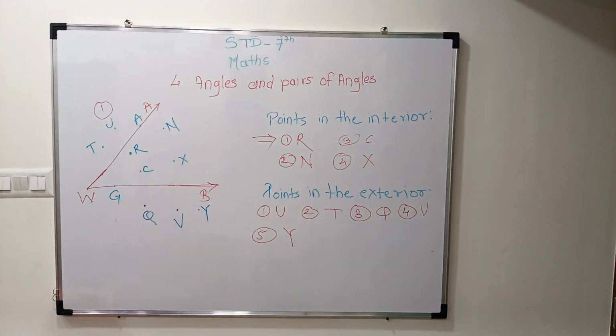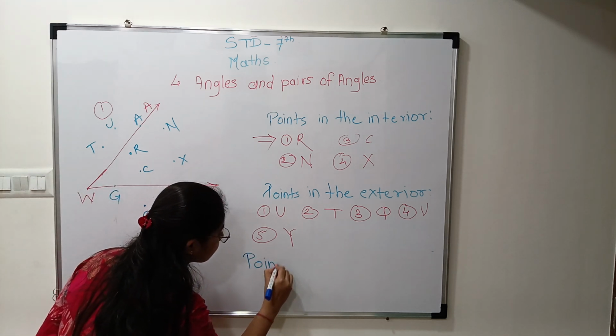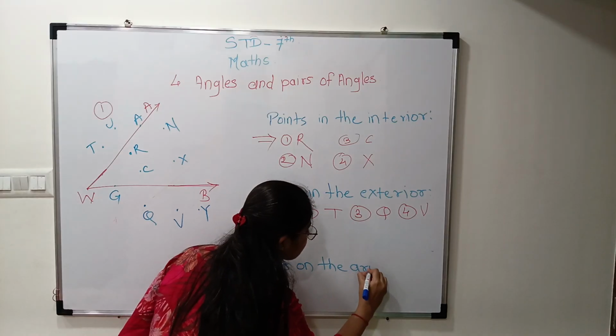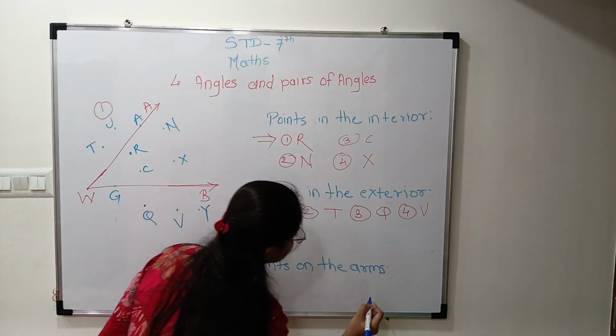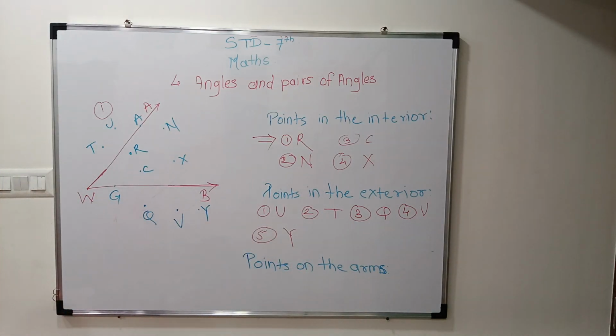Now last, which part is remaining? Which points are remaining? This A and G. Those points are on the arm. So tell me which points are on the arms.